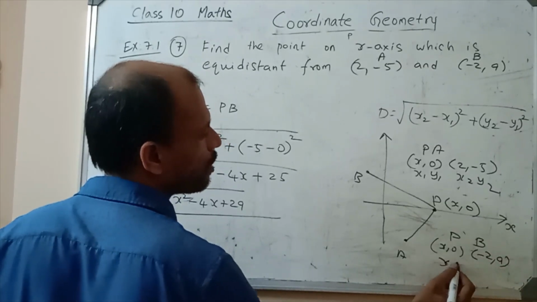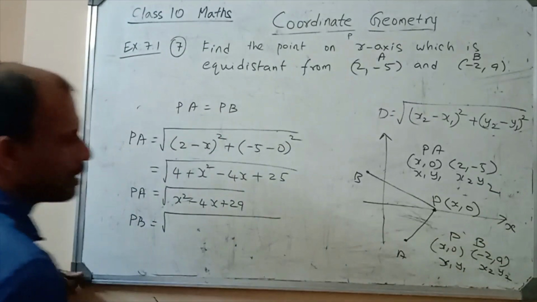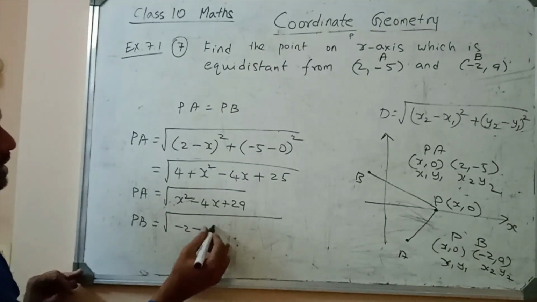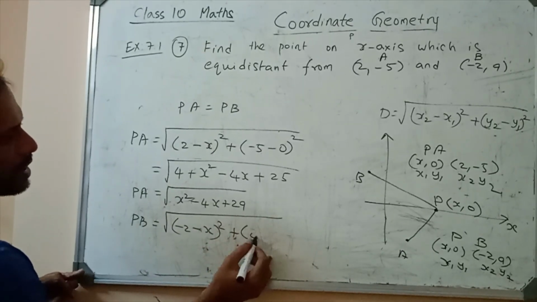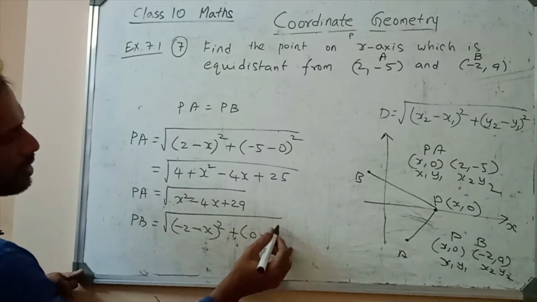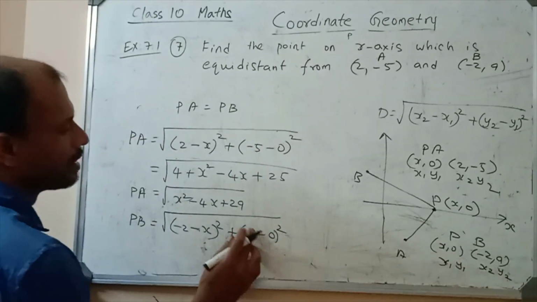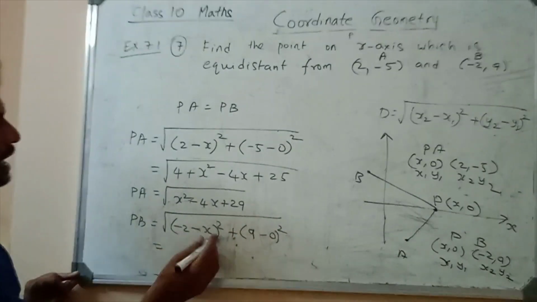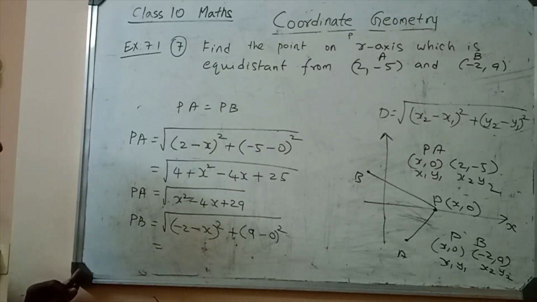Now this is x1, y1, this is x2, y2. x2 is minus 2, minus x1 value x, the whole square, plus y2, y2 is 9, minus 0, the whole square. Now again it is minus 2 minus x the whole square.